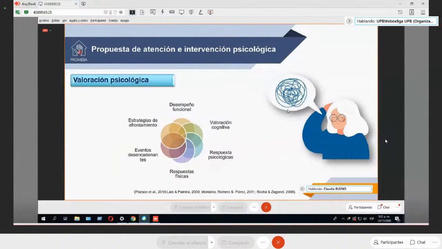We need to take into account the functional performance on the social context, on the family context. If the caregiver has a good support network, if he is on his own, what kind of sociodemographic variables are associated, what is his job situation, is he employed or not, what is the job burden.